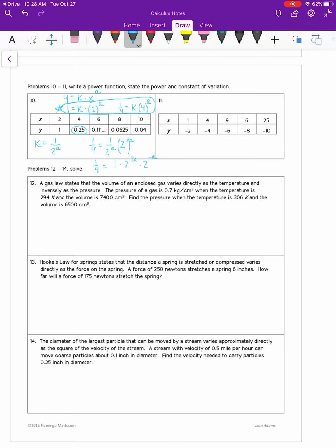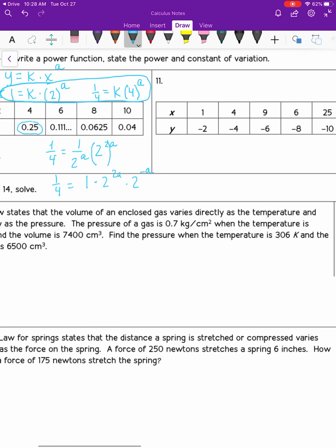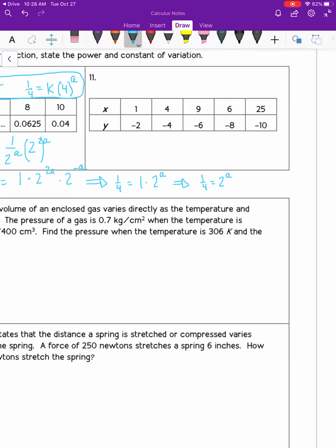Okay, and so that leads me to 1/4, gosh, I'm running out of space here, it makes me mad. That leads me to 1/4 is equal to 1 times 2 to the a, which we don't need that 1, right? 1/4 is equal to 2 to the a.